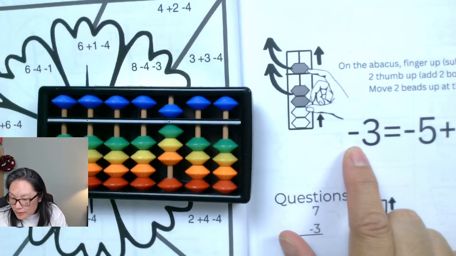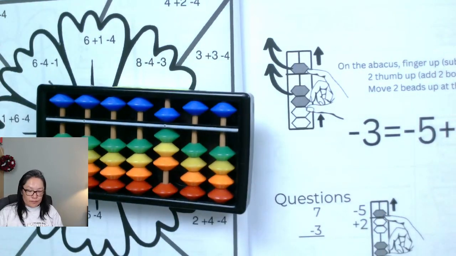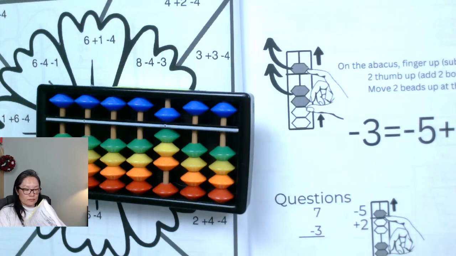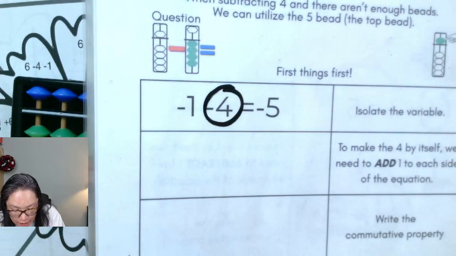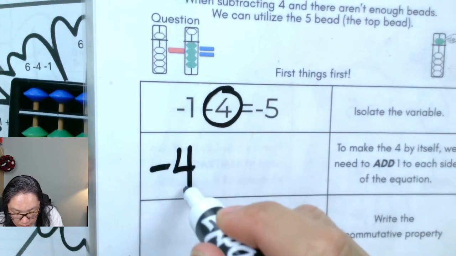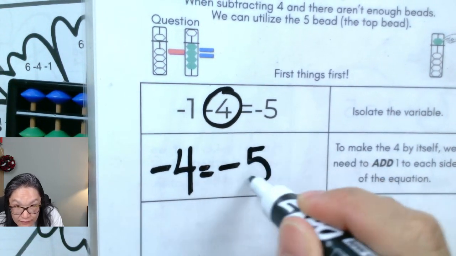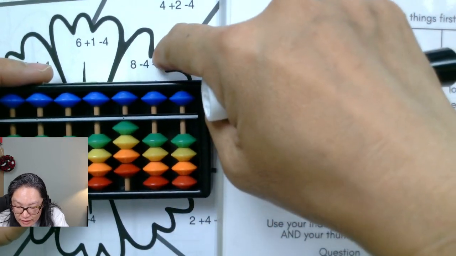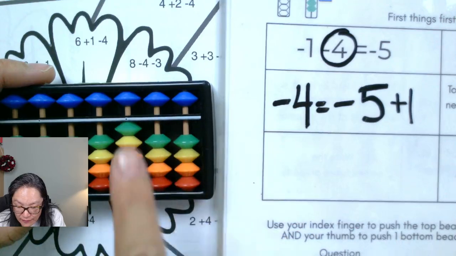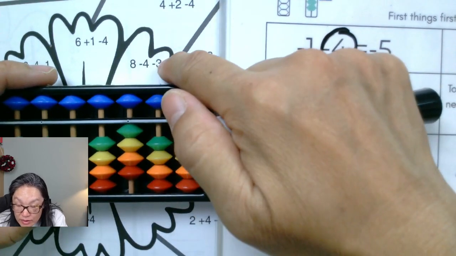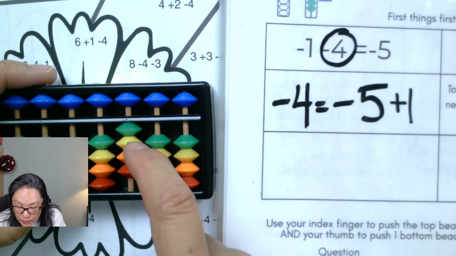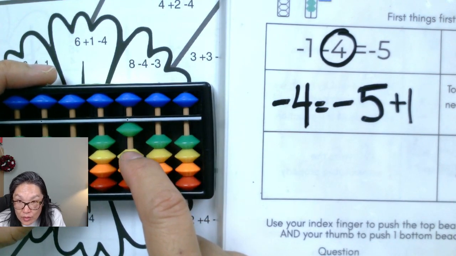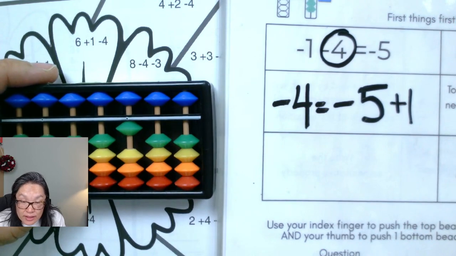Minus the 4 is equal to minus 5. We're still here. So what I did is minus the 5 and I plus the 1. And then we take away the 3. When we take away the 3, we're just removing it away from the horizontal bar. So my final answer is 1.